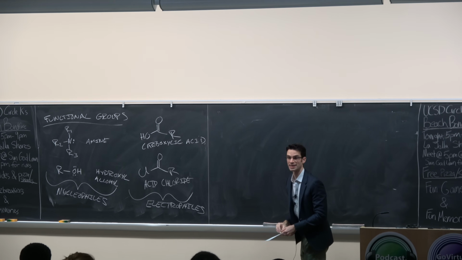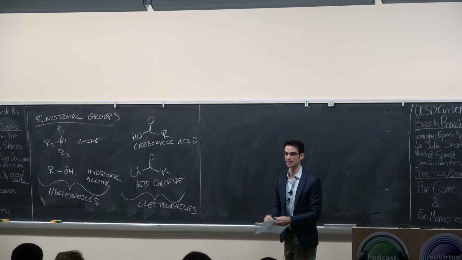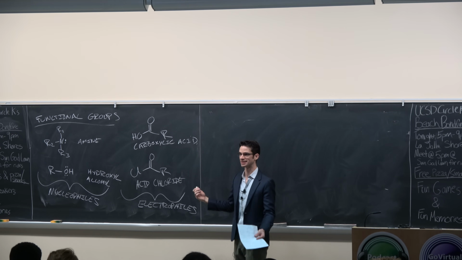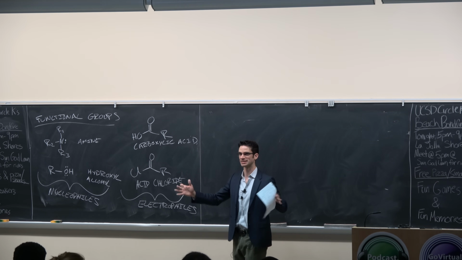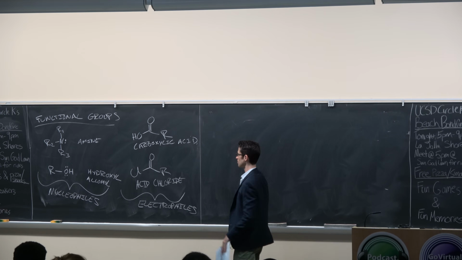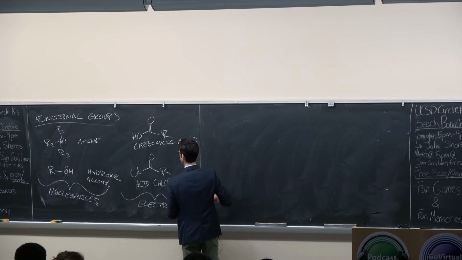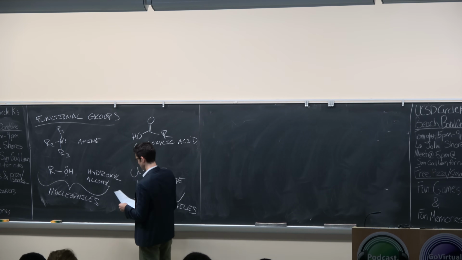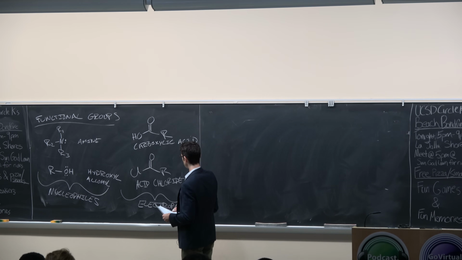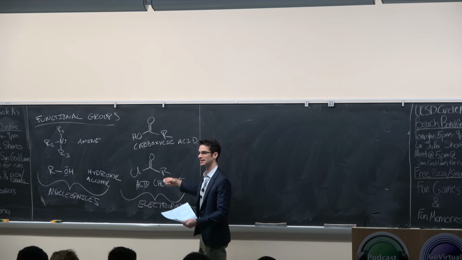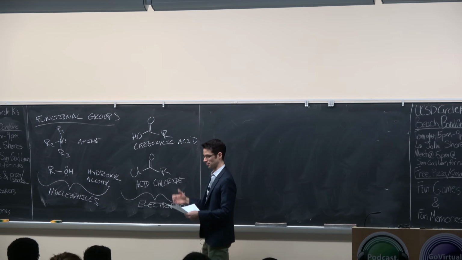These things combine like Legos. So Legos have holes and pegs, and they get polymerized together by stacking them one on top of each other. The same thing pretty much works for polymers. So if you add an amine to a carboxylic acid or acid chloride, the acid chloride is more reactive than the carboxylic acid. With the carboxylic acid, you usually have to heat it up and remove water as it reacts.